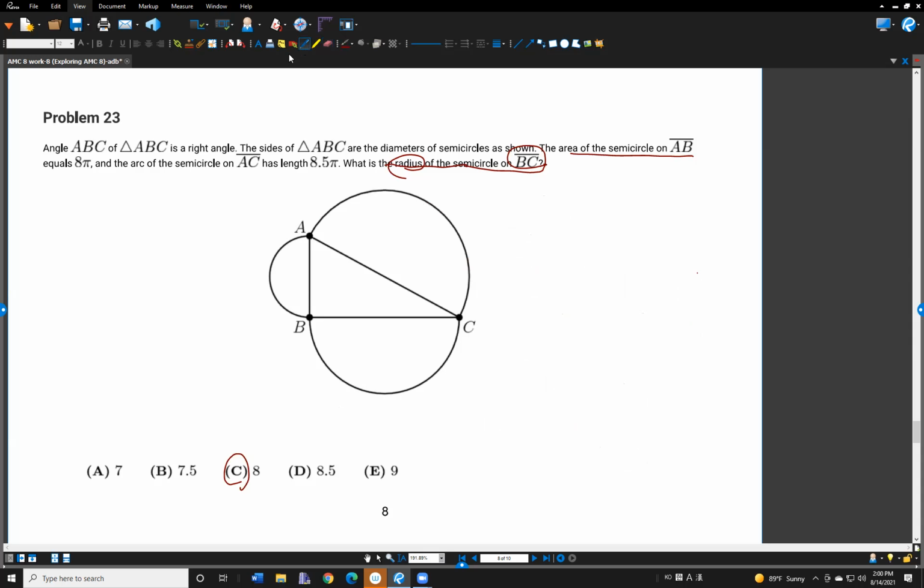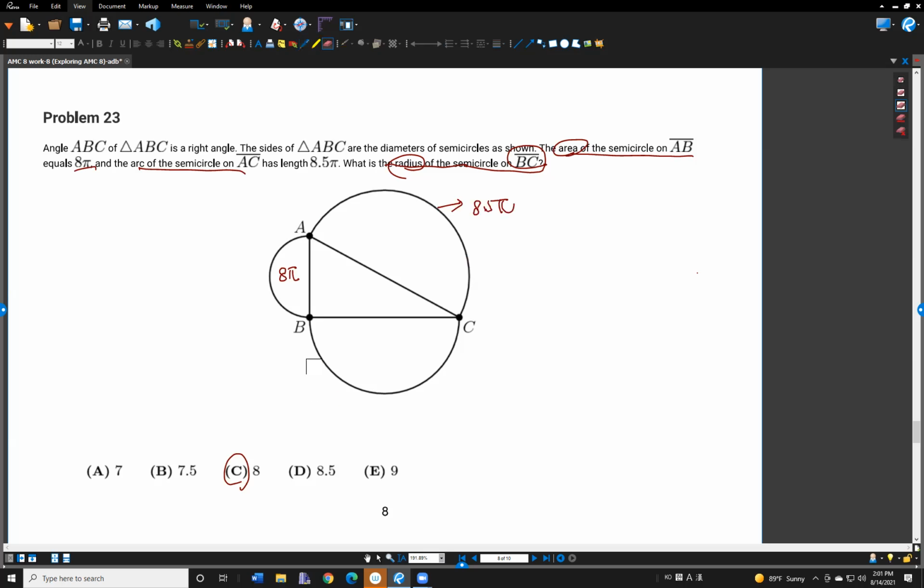But over here, they give the area, 8 pi. But this one is about the arc of a semicircle. The arc is given as 8.5 pi. Now we're going to find what? This is 8 pi on the AB. What is the arc on AC? This arc is 8.5 pi.